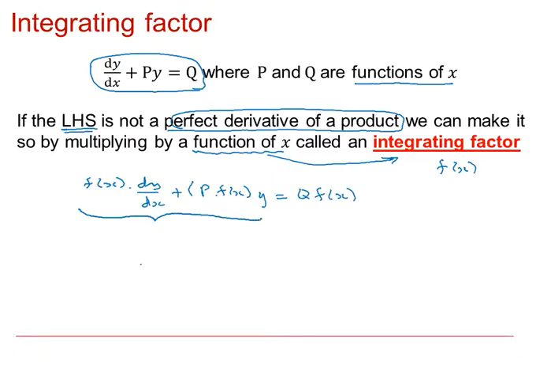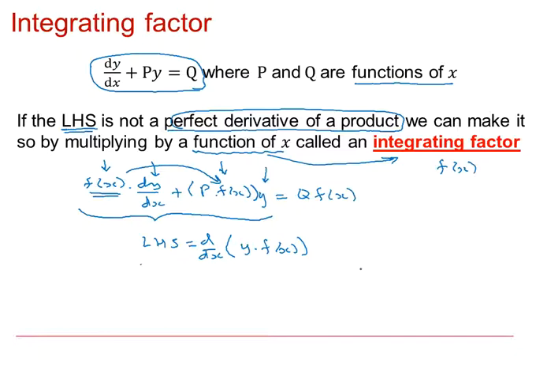If we look carefully, that second bracket is the derivative of f(x), and therefore the left hand side is a perfect derivative of a product. It can be written as the derivative with respect to x of y f(x). That is: leave f(x), differentiate y, plus differentiate f(x), leave y.